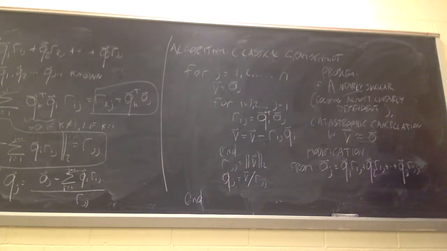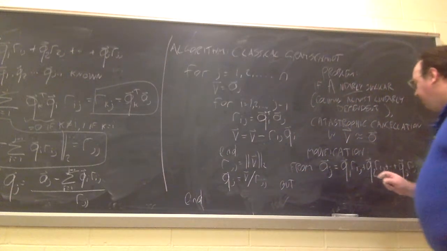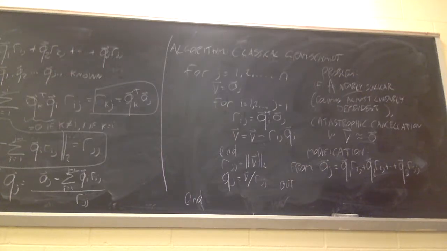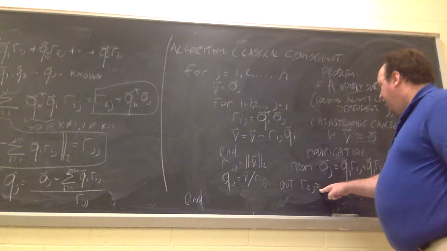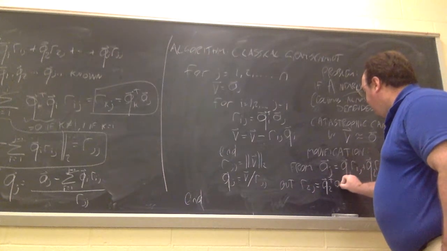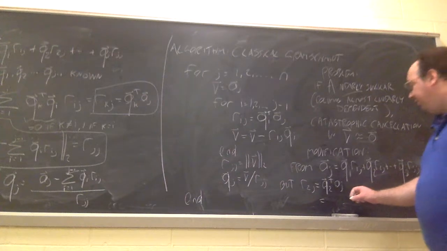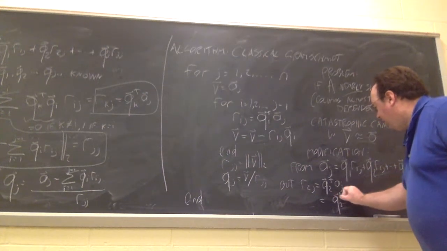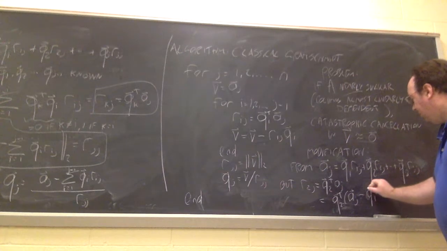But the thing is, make sure I describe this carefully. R2J, which this algorithm computes as Q2 transpose AJ, is also equal to Q2 transpose times (AJ minus Q1 R1J).